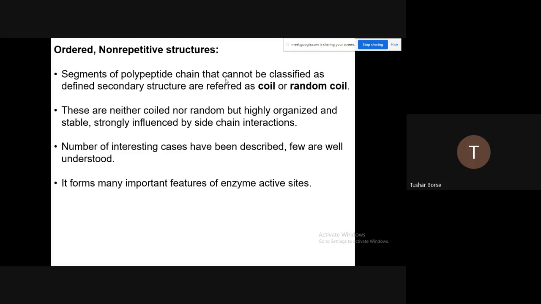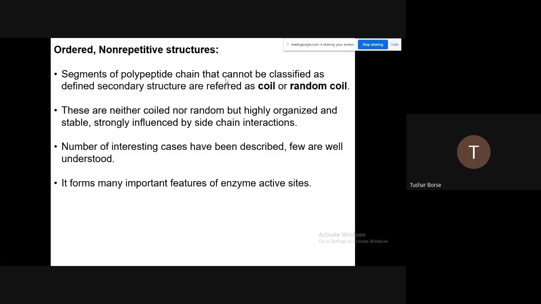It has been found that these structures could be present in the enzyme active site, or the site where antigen-antibody interaction takes place, or the site where a particular protein interacts with receptors on the cell, etc.